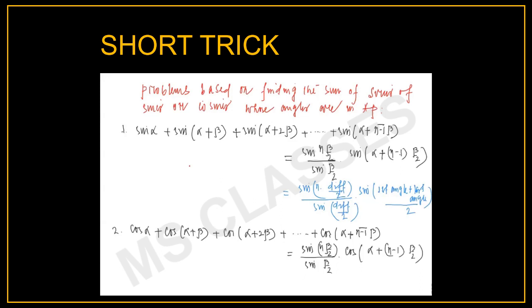That is, we can rewrite this as sine of n into difference by 2 whole divided by sine of difference by 2, into cos of first angle plus last angle whole by 2. So these are two very important formulas which you have to keep in mind, because whenever the sum is given based on this format, you can just apply the formula and you can get the result very easily.